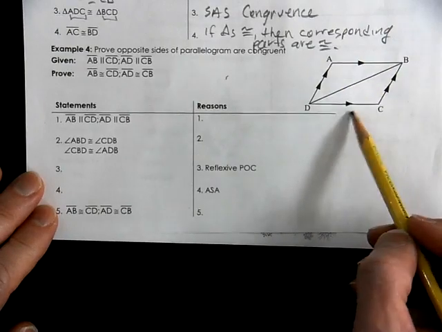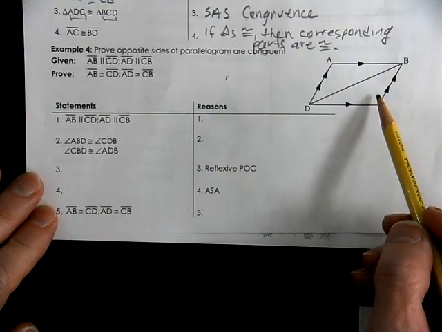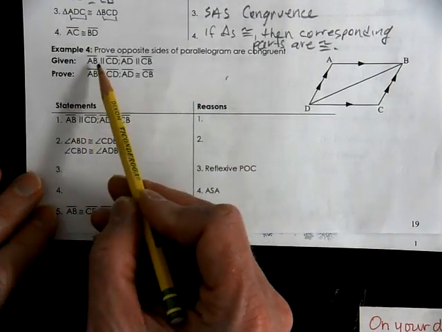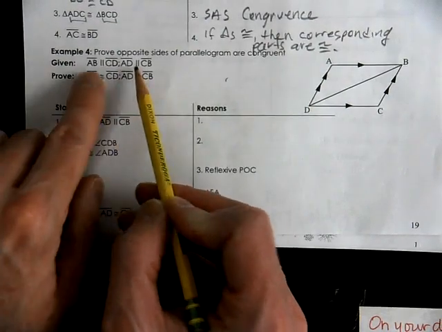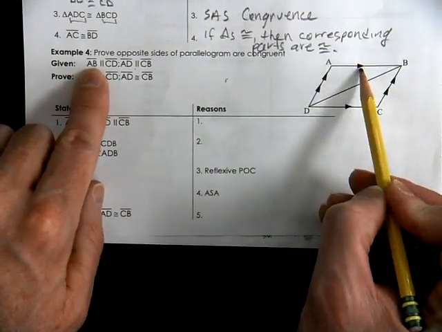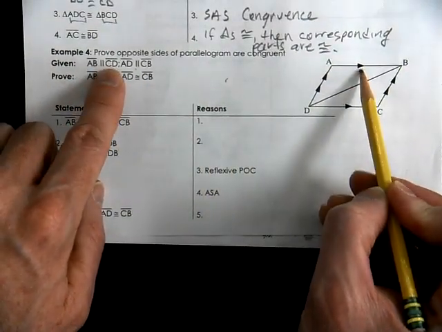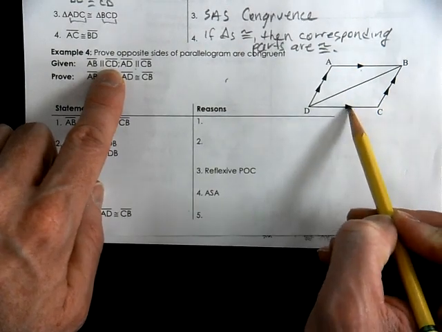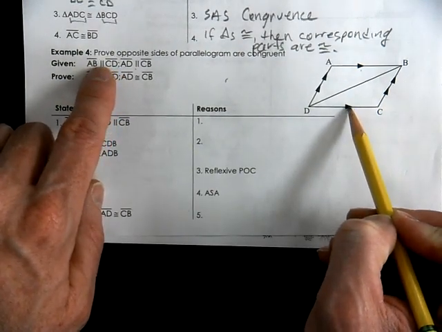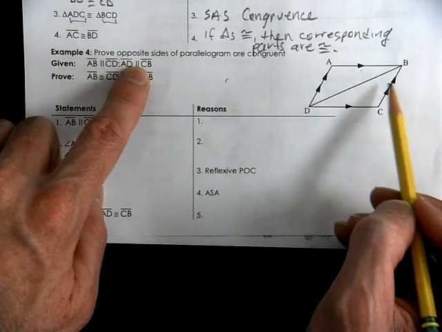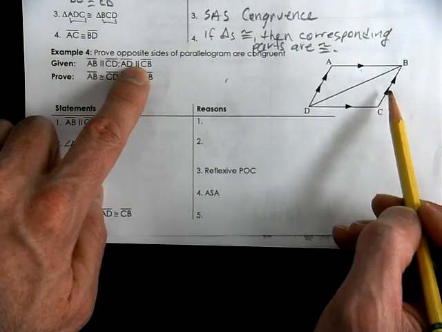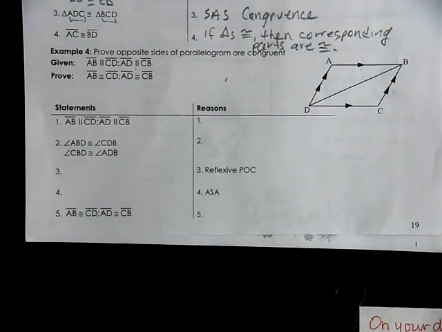All right, what do the arrows imply? They imply that we have our parallel sides. So AB has one arrow, CD has one arrow because they are parallel to each other. Then we have another set parallel to each other. Well, what are we supposed to think about as soon as we see parallel sides?